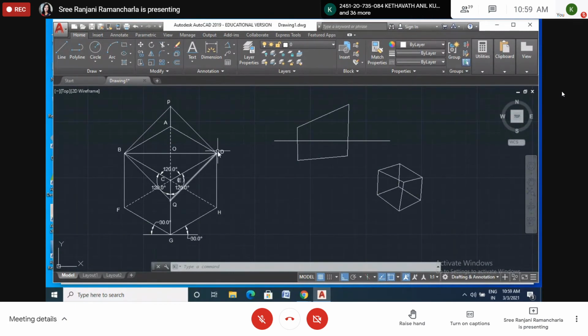See, these are all isometric planes: CHD, CBCGF, BADC, ADHE, FCAB. Whatever planes are there, those are all isometric planes.